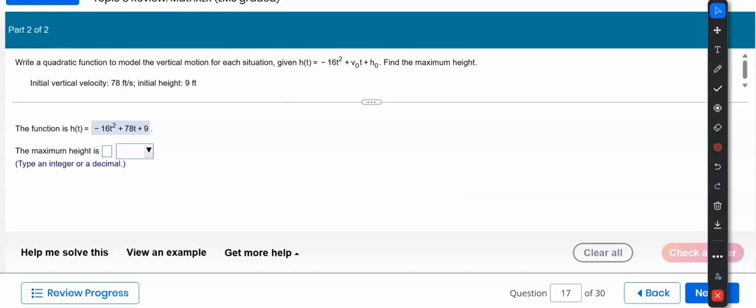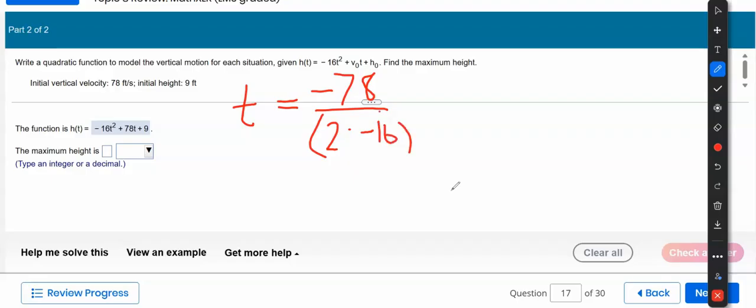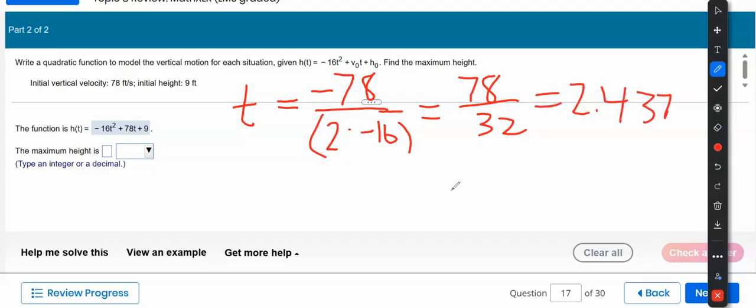I'll show you exactly what I would do. First, I would find the time, the opposite of b over 2 times a. So that becomes 78 over 32, which is 2.4375 seconds.